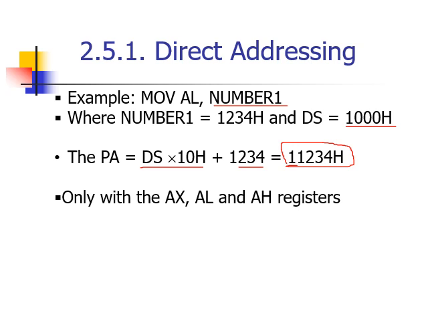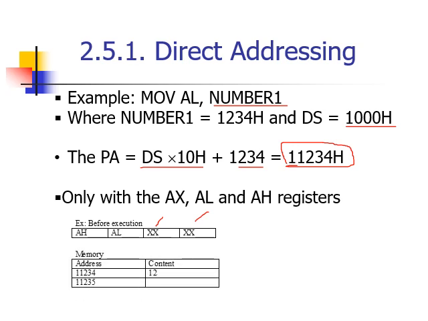Okay, and this is true only with AX, AL, and AH. Before execution, this is your AH, AL. Regardless of the value inside, you will go to the memory location defined by this physical address. You will find 12.